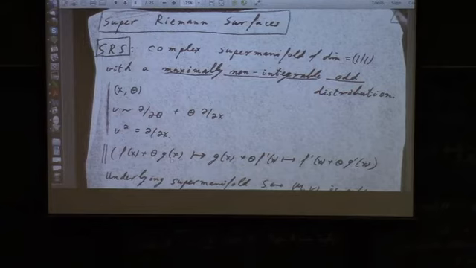If I apply this particular vector field to it, what do I get? The ∂/∂θ part kills the θ, it just gives me a g. While the ∂/∂x, you'd think that it acts on both of them, but the fact that I'm multiplying by θ kills the coefficient of θ and gives me only the derivative of f. So if I apply the vector field once, I get g plus θ f prime. Right? So do it again.